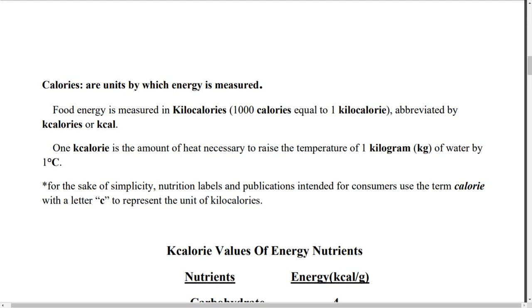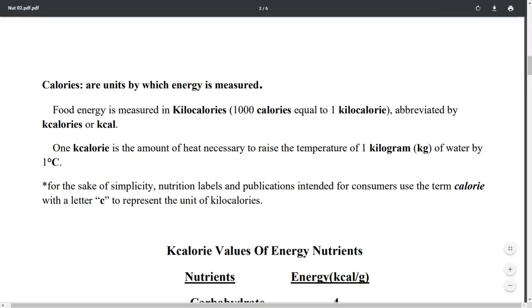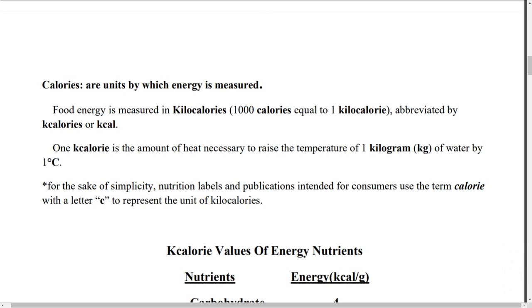Its abbreviation is kcalorie or kcal. 1 kilocalorie is the amount of heat necessary to raise the temperature of 1 kilogram of water by 1 degree centigrade. Publications intended for consumers use the term calorie with a small c to represent the unit of kilocalories.